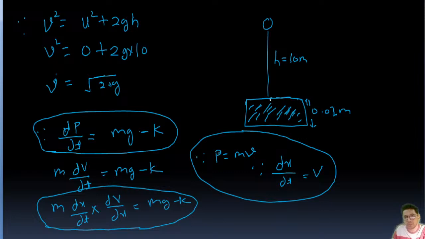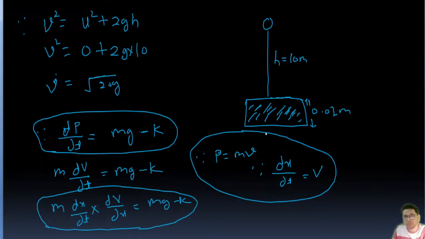We have already found that it is v equal to this, and after hitting, the cushion will get depressed by 0.1 meter. After that, the velocity of this particle is going to be 0.